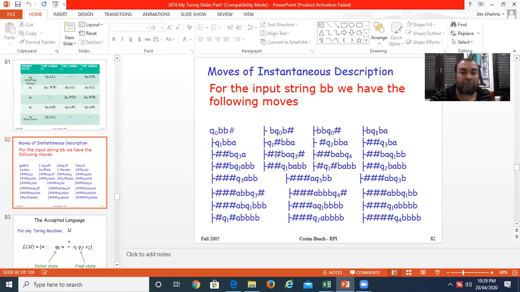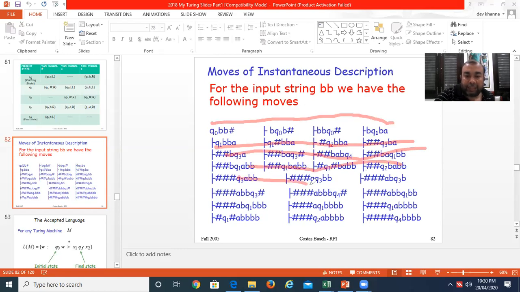Now switch from left to right, and on the basis of the transitions given on the previous slide, first try to build these 4, then these 4. After this, these 4. I think there is one typing error also. You will meet that. Then these 4, then these 3, and so on.